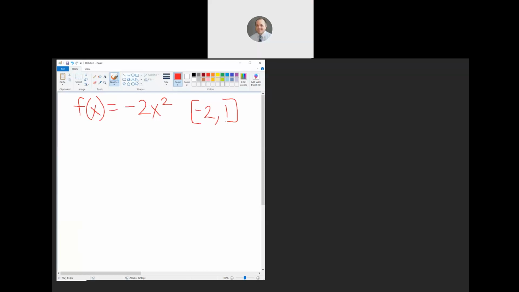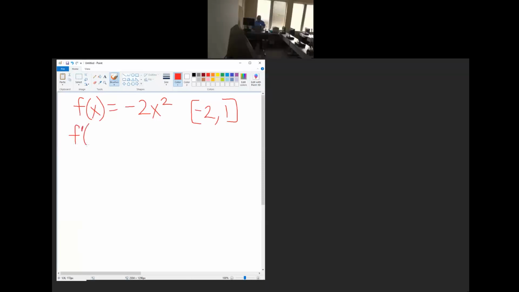So the first step is to take your first derivative. So that would be negative 4x. The next step is find your critical point or points by setting your first derivative equal to 0.